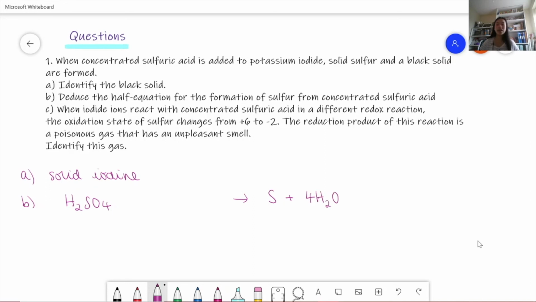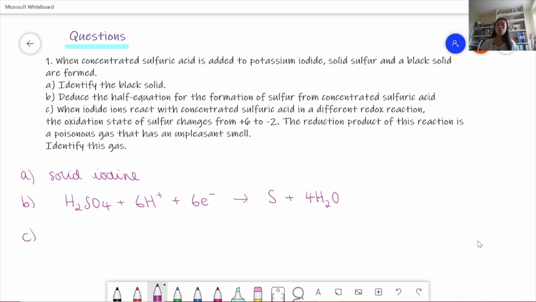And then we add in H plus ions to balance the hydrogens. So we have 8 on this side, and we already have 2 here, so it must be 6 H pluses. And then now we add in electrons to balance the charges. So we've got plus 6 on the left, so we need 6 electrons on the left to balance it all.